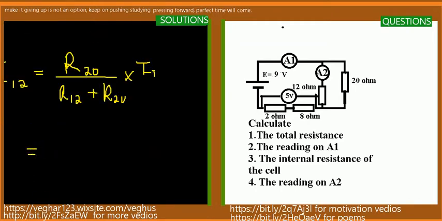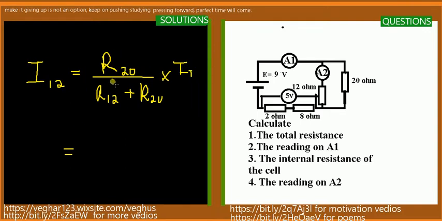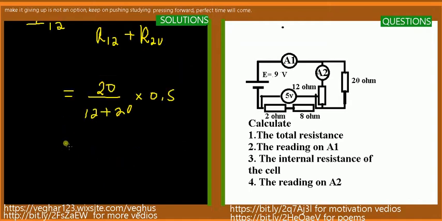So we take 20 over 12 plus 20, multiplied by the total current, which is 0.5. So we have 20 at the top, and at the bottom is 32, multiplied by 0.5.